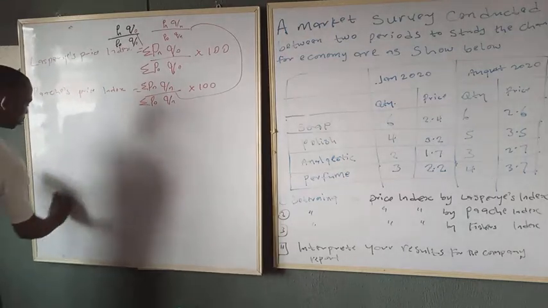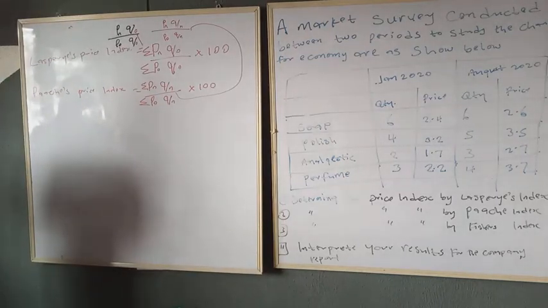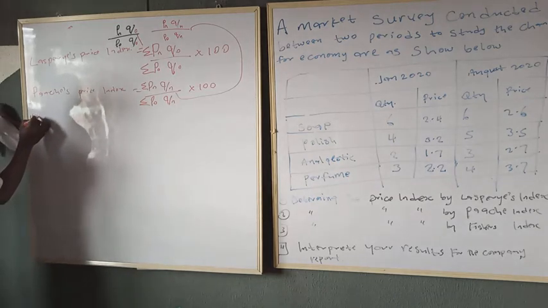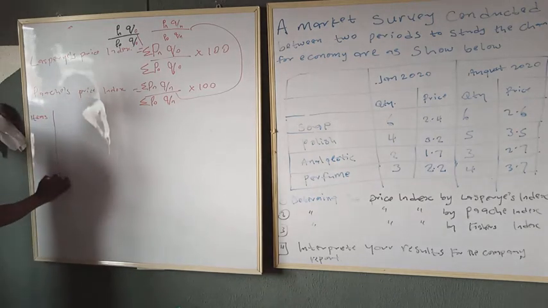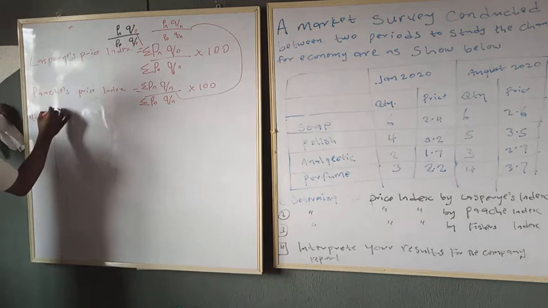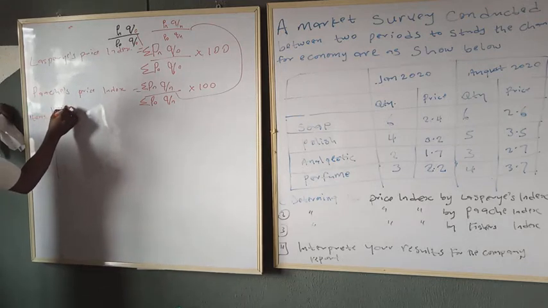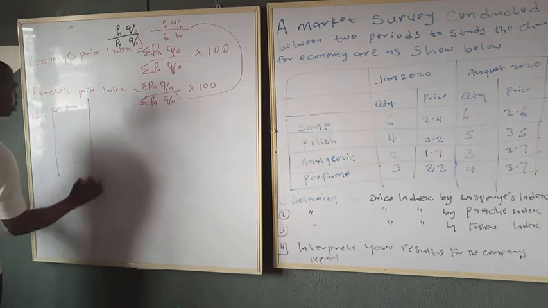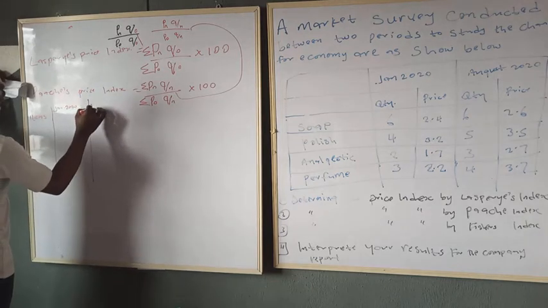So from the table we have, let me see, we have items, then we have the year, January 2020. We have January 2020, then we have August 2020.